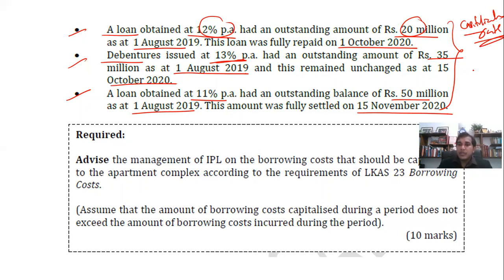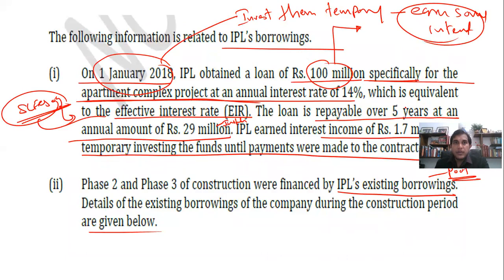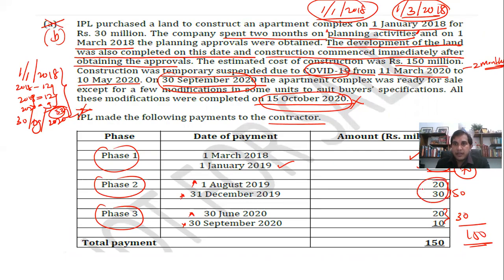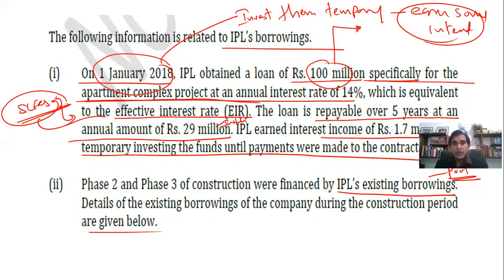Then the amount used to construct this building is based on these dates, because that is applicable for phase 2 and phase 3, not for phase 1, because it is clearly mentioned that phase 2 and phase 3 construction were financed by IPL's existing borrowings.